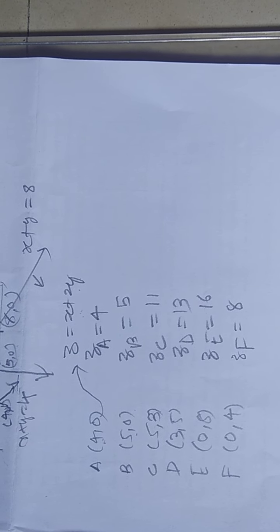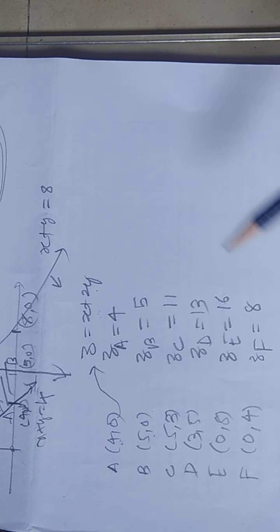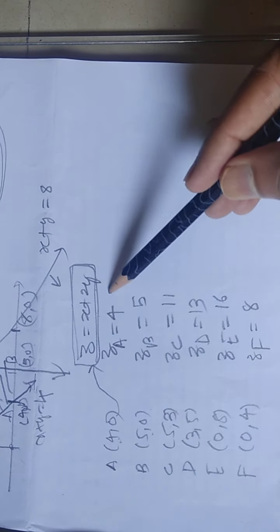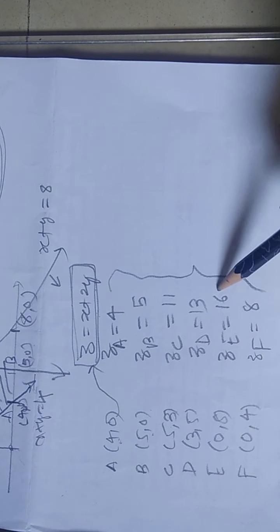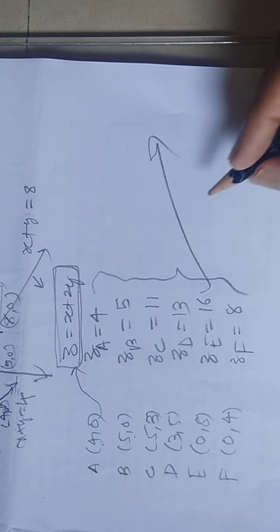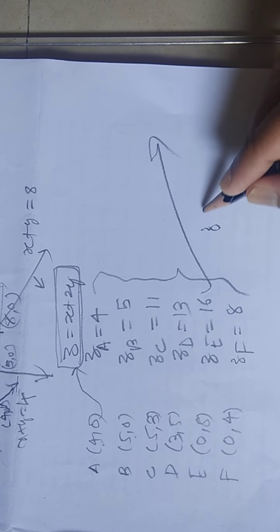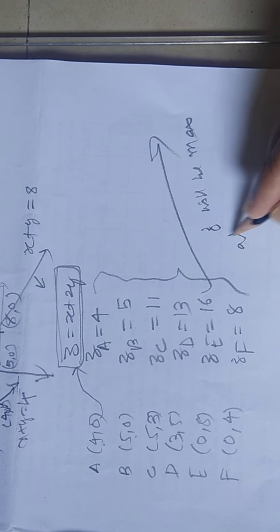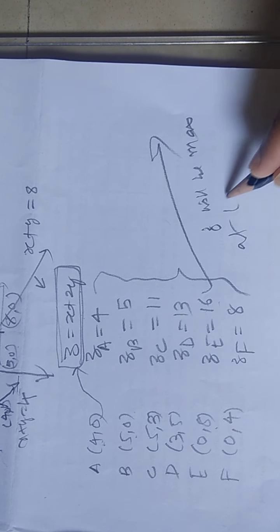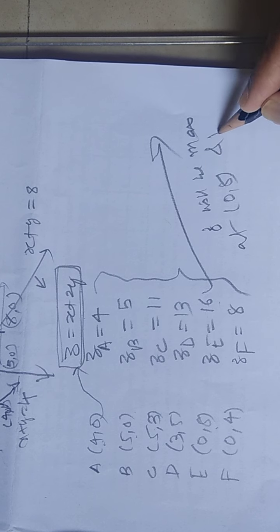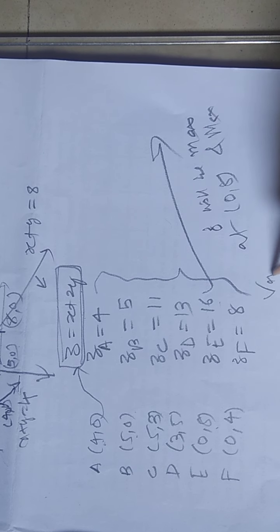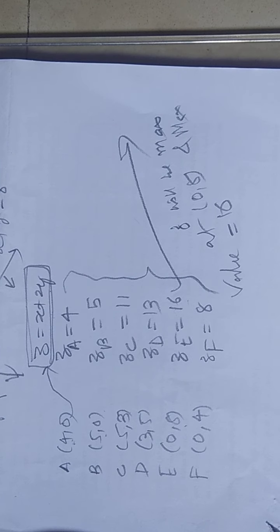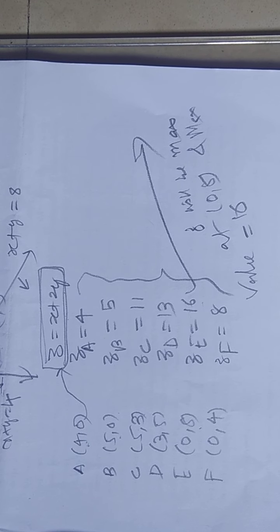Now the demand of the question was, what is the maximum of this Z, objective function maximization. Now you can see where the maximum value is coming, at 16. So the conclusion of this question is Z will be maximum at the point (0, 8) and the maximum value is equal to 16. At the same time, the question may ask what is Z minimum.